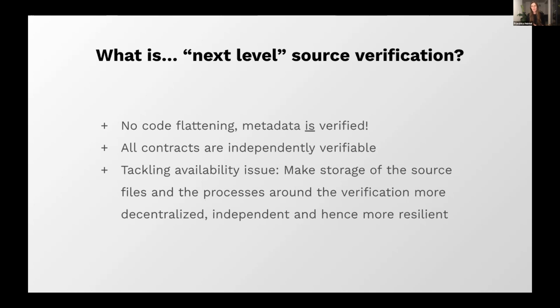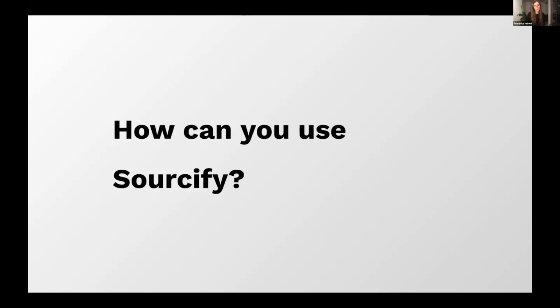That means especially we shouldn't just trust one third party to verify everything for us. And what happens if this third party goes down, or the database is somehow corrupted, or I don't know what can happen. So we are friends of open source and we are friends of decentralization. So we really try to make this process as decentralized and independent from one middleman as possible.